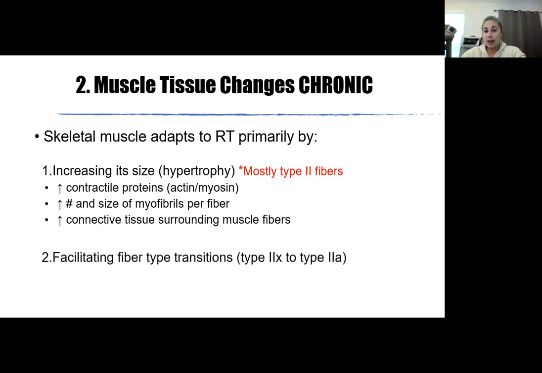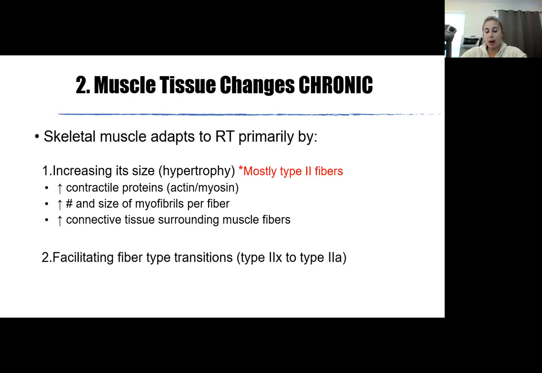And as I said, we can also convert type 2X to type 2A. Okay, and that's what happens with resistance training. So we don't really involve the type 1 fibers. It's the type 2X to type 2A, and that's what we want, because the type 2X fatigue really easily. So that means you'd only be able to do a few reps and fatigue. So we want to be able to handle a little bit longer, right?